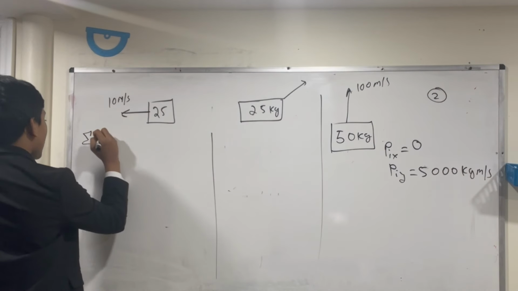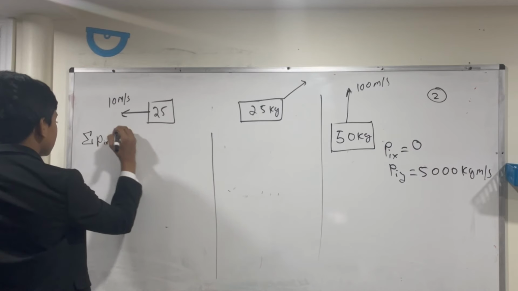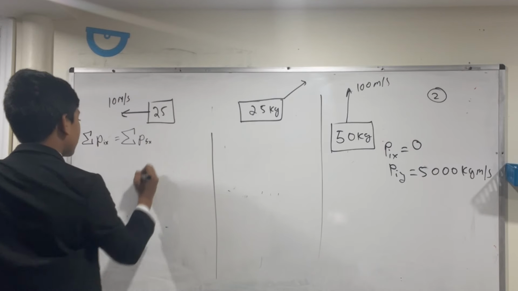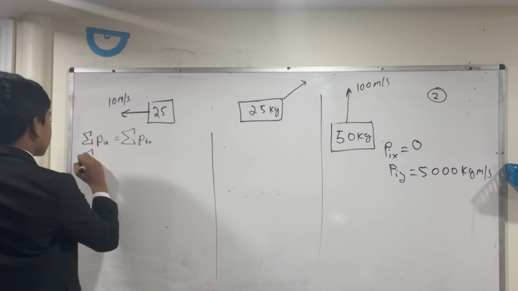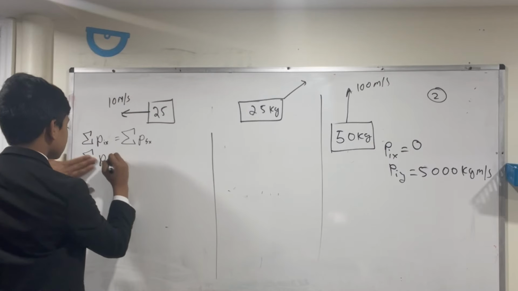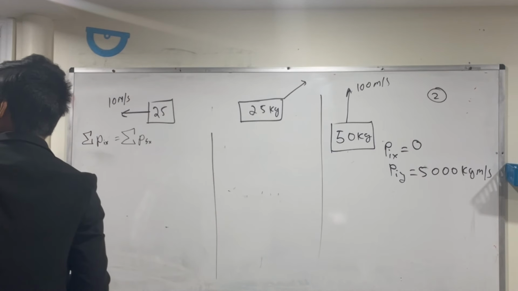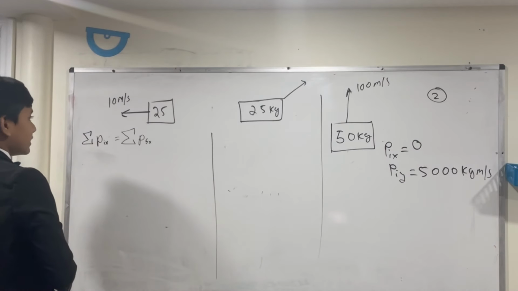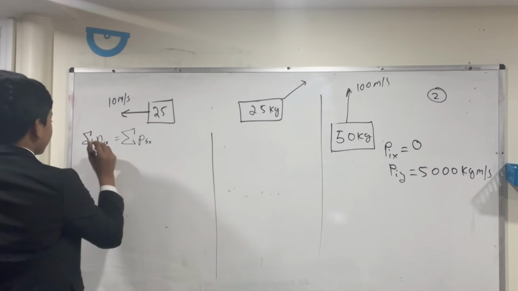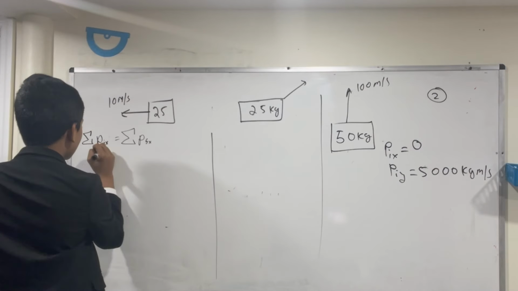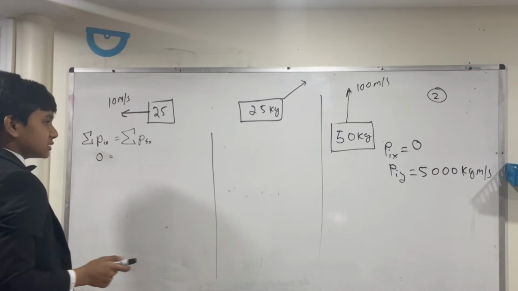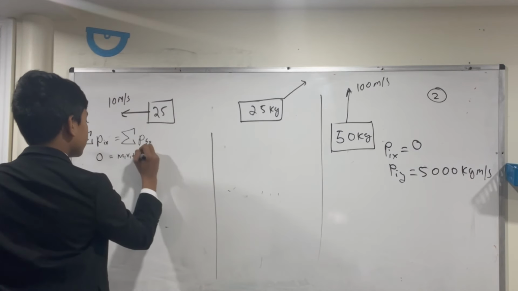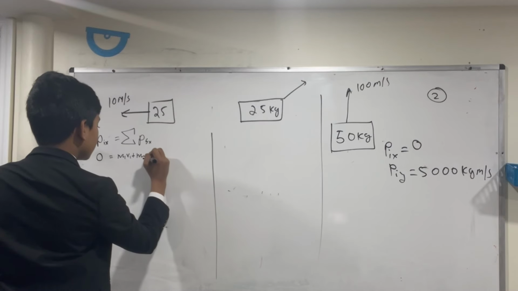We want the total x momentum initial to be the same as the total x momentum after, and the same thing with the y momentum. First do x here. The initial momentum P is 0 because it's just one piece, and P final is M1 V1x plus M2 V2x.